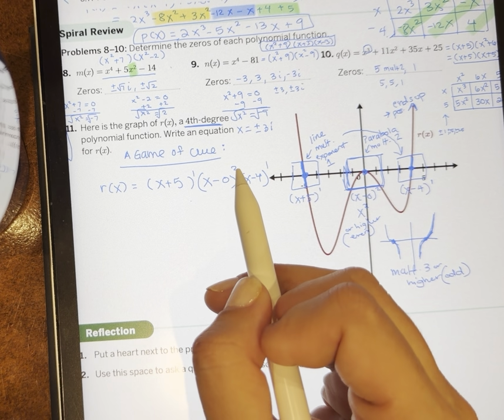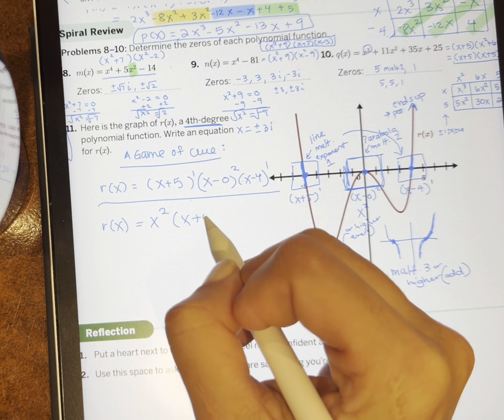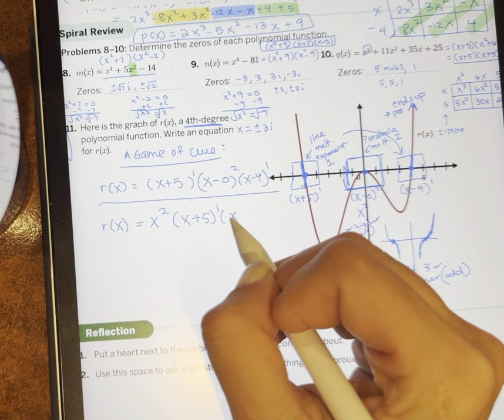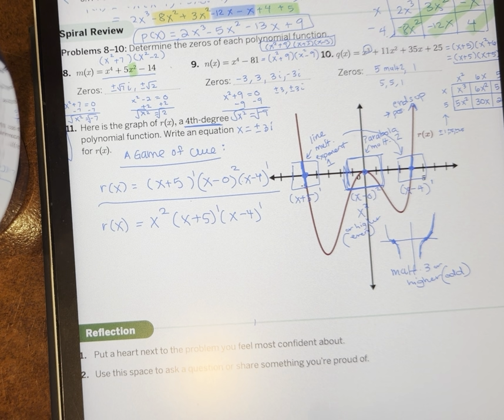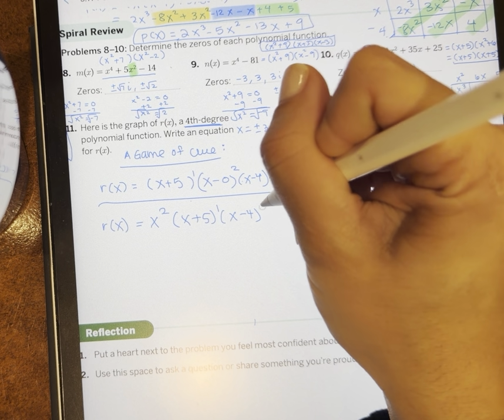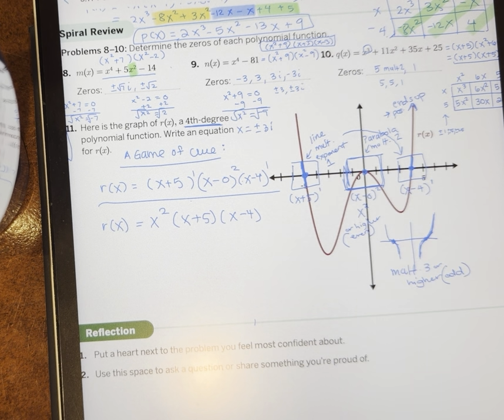Okay? This is cool. It looks a little funny though. So here's how we make it not look funny. X minus 0, that's just x. And it's squared. So we just put that part in the front. And then we put the bigger guys second. And if you want to make it look even nicer, you could leave those ones off. But I would never take off a point because you left the ones there.